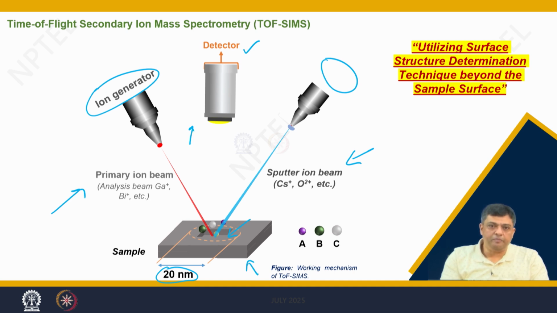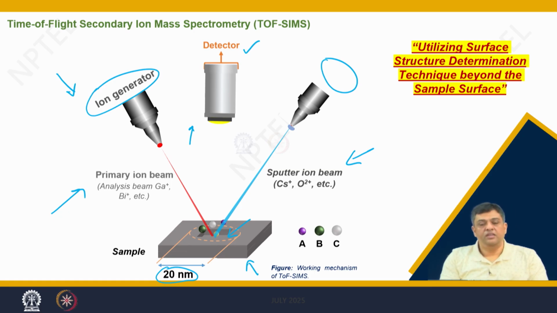Then you use the sputter beam and ablate a few layers from the top and then carry out the same experiments again. So, you can do depth profiling: first layer, then ablate it, remove it using the sputter ion beam, second layer, third layer, fourth layer and so on and so forth.